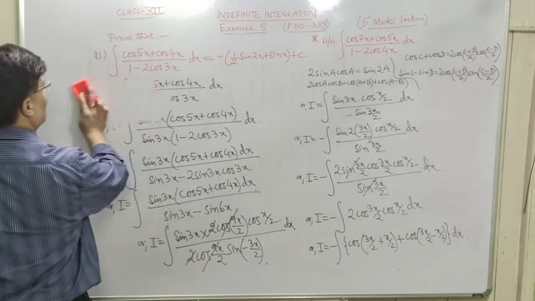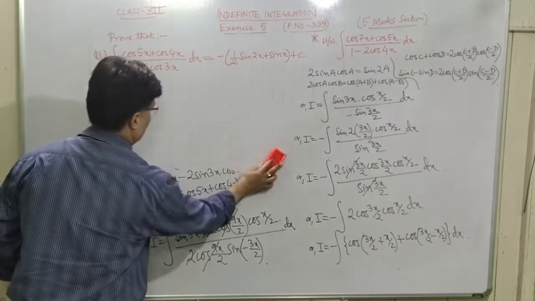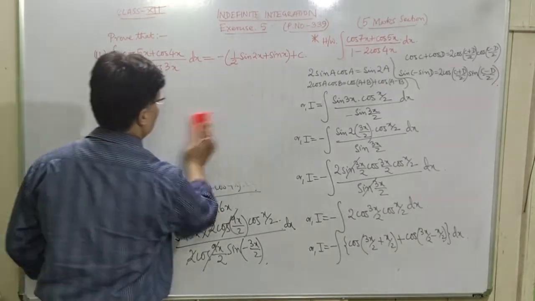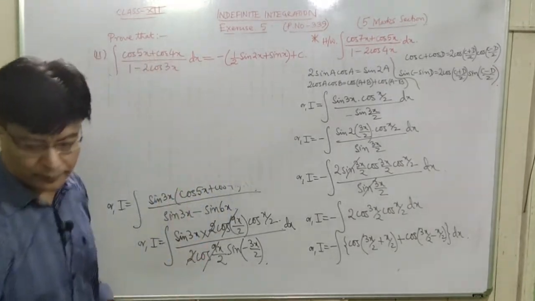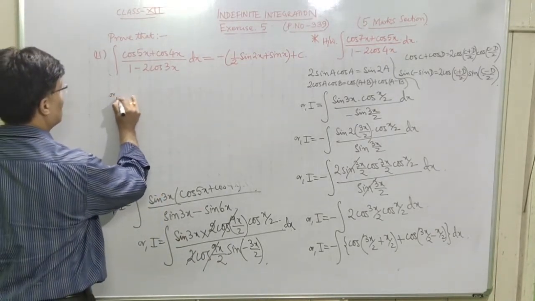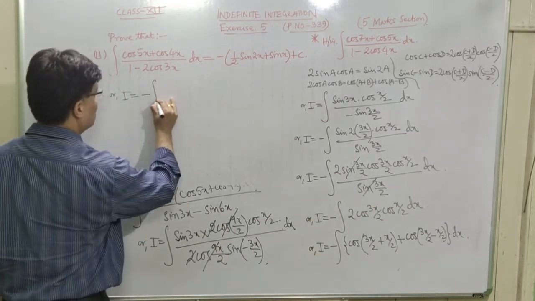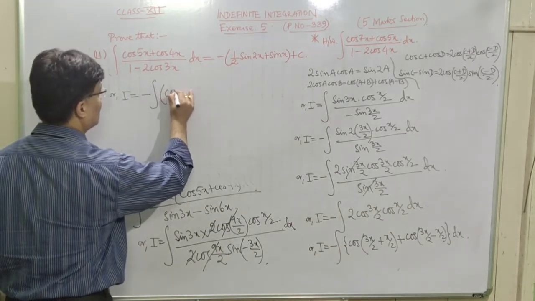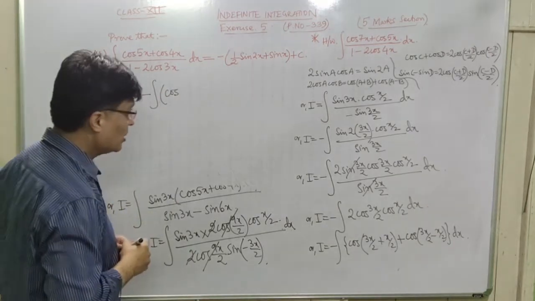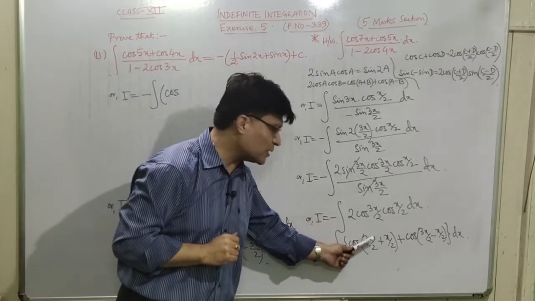So next, I is equal to minus integration of, within bracket, cos of 3x by 2 plus x by 2.